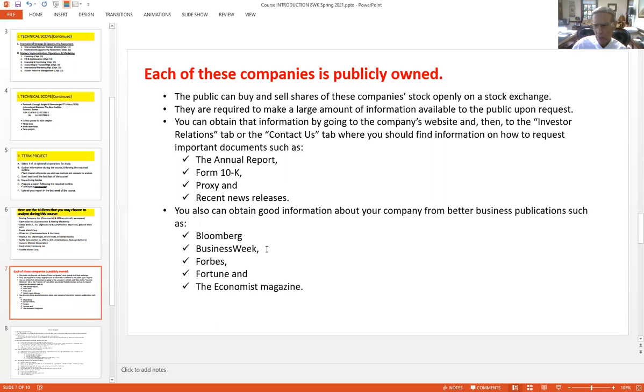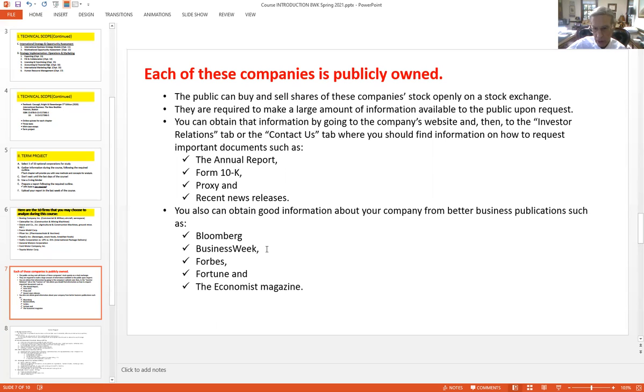And you can go to the company's website and get it, and you can also get in contact with the company directly and ask for these materials. Very often there's a tab on the company's web page or home page, sometimes called Contact Us or Investor Relations. And when you open it up, you have information that can be used to request this information.